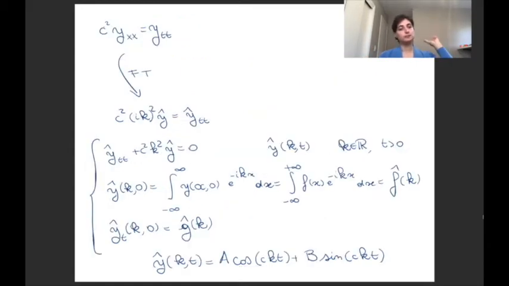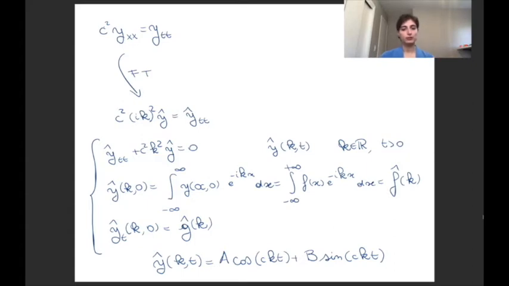If we take the wave equation, so c squared y_xx equals y_tt, and we apply the Fourier transform with respect to x, the second derivative with respect to x of y gains a factor of (ik) squared in front of y hat, while the second derivative with respect to time of y is the second derivative with respect to time of y hat.